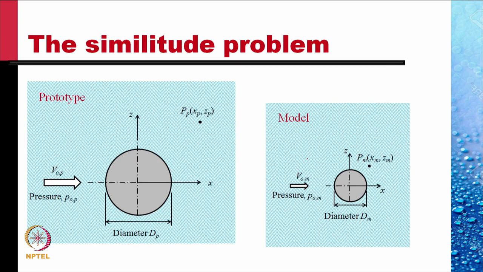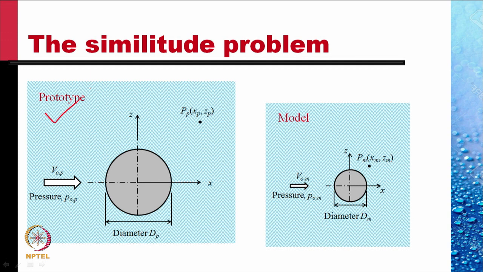For example, we have to find the pressure distribution in the flow field of the flow past this prototype cylinder with a given velocity V0P, with a given pressure P0P, and so on.